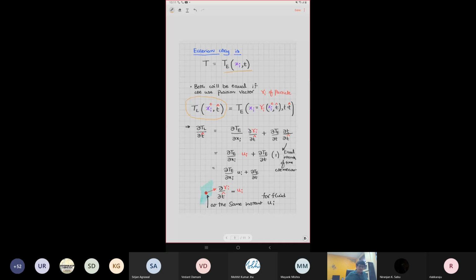T_L is a Porsche car started at Dwaraka at xi0, t cap 0. But when I don't put t cap 0, it means the trajectory of the Porsche car at any given instant of time.